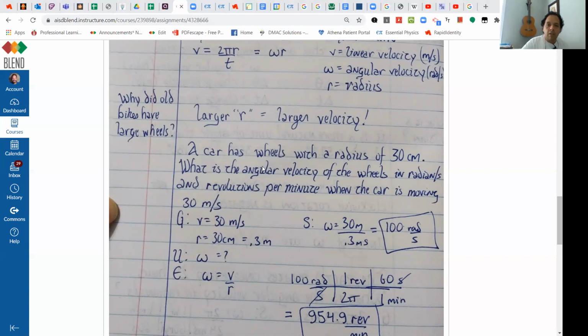So then it says a car has wheels with a radius of 30 centimeters. What is the angular velocity of the wheels in radians per second and revolutions per minute when the car is moving 30 meters per second? Okay, so this is telling us that a wheel on a car has a radius of 30 centimeters.